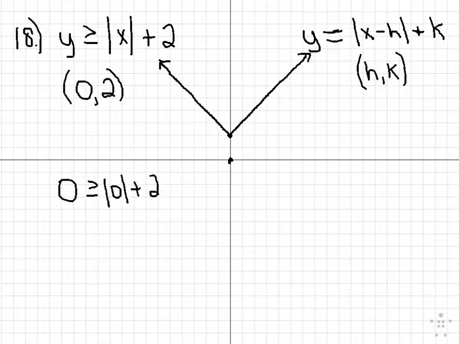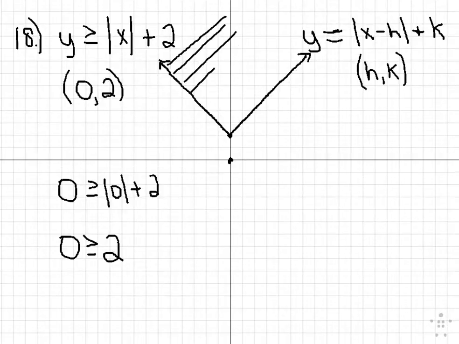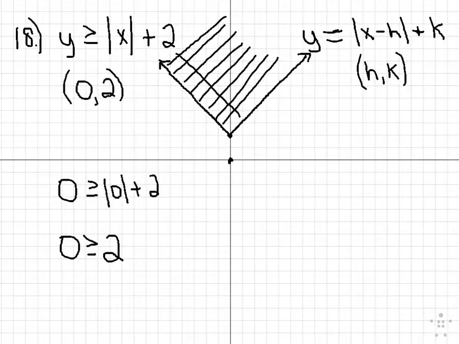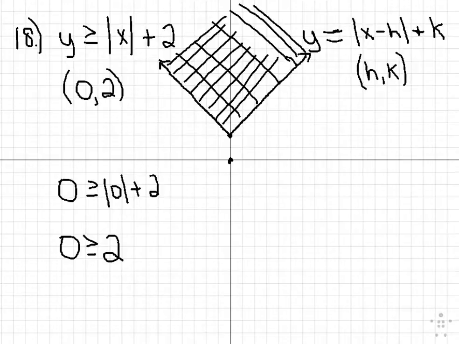Well, the absolute value of 0 is 0, so 0 is greater than or equal to 2. Is 0 greater than or equal to 2? No, it's not. So (0, 0) does not work, so that means our solutions are everything that's inside of these lines. So if you think of it this way, it's all these solutions in here. They satisfy this inequality, and the points on the line.